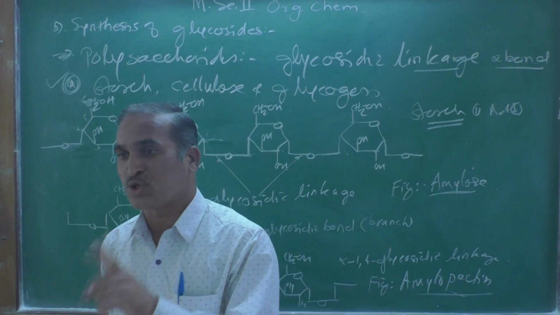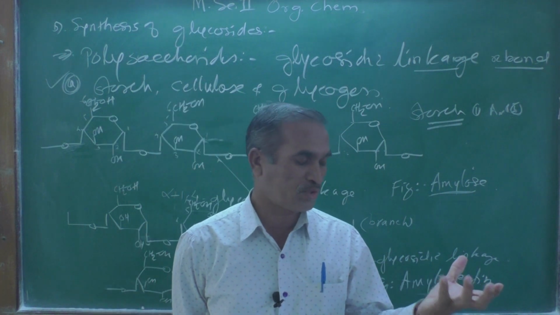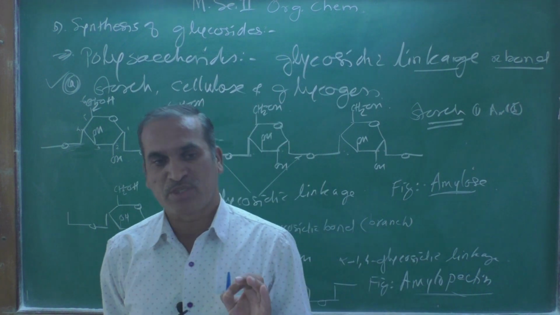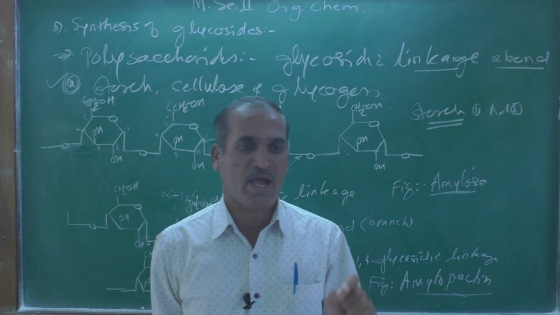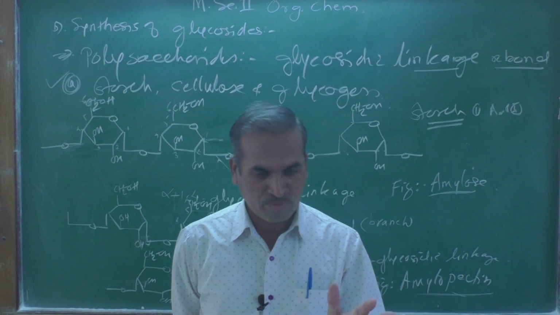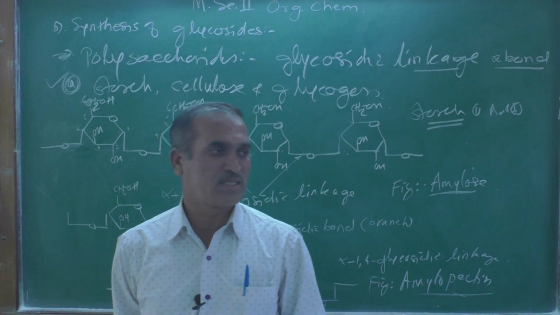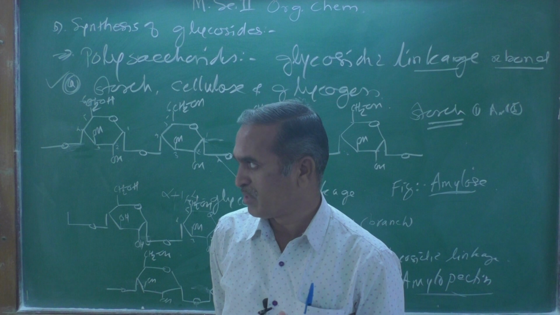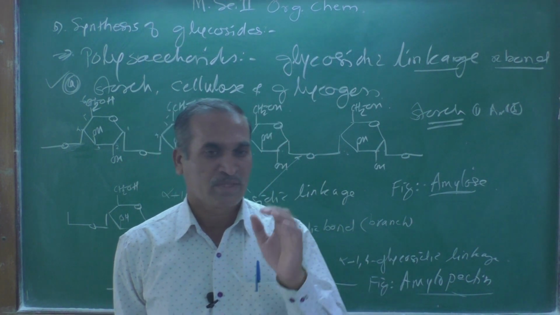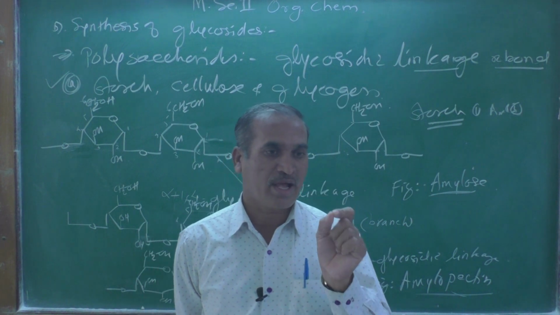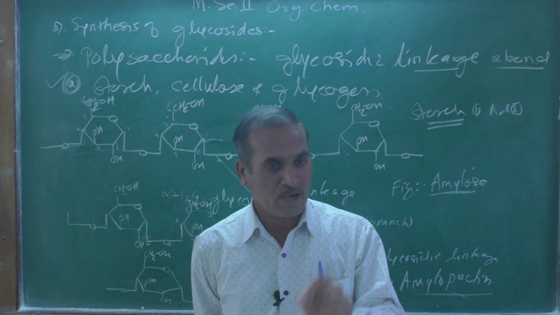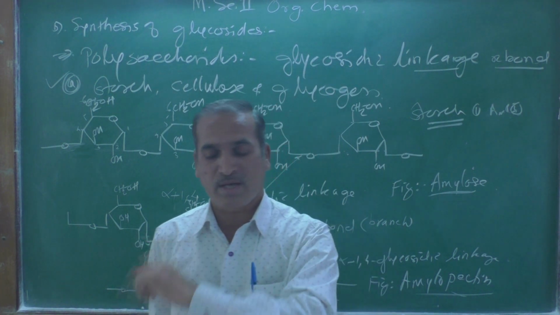Yes, galactose and D-glucose are epimers of each other. Epimers means optical isomers having the same molecular formula as well as the same structural formula, the same connectivity of carbon atoms, but they differ in the configuration at only one carbon atom.